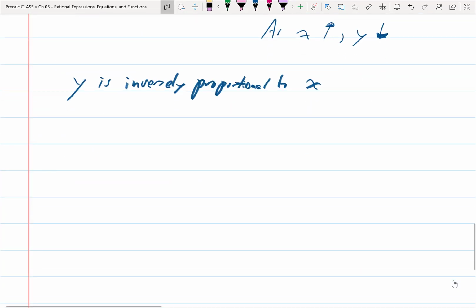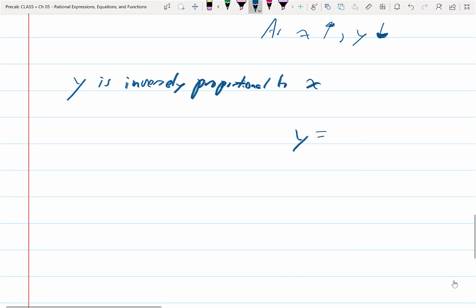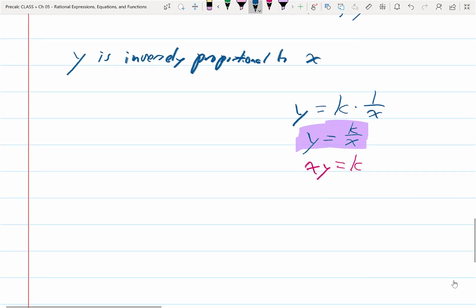So what that means is y is equal to a constant times the reciprocal of x. Instead of kx, it's k times 1 over x, where we really say y is equal to k over x. Another way to write that is xy is equal to a constant. And that means that as x goes up, y goes down in order to make sure that that maintains that constant. We're really going to use this one more than anything.